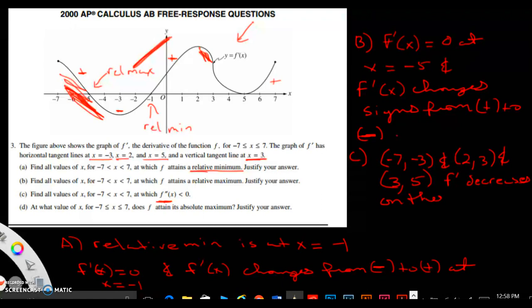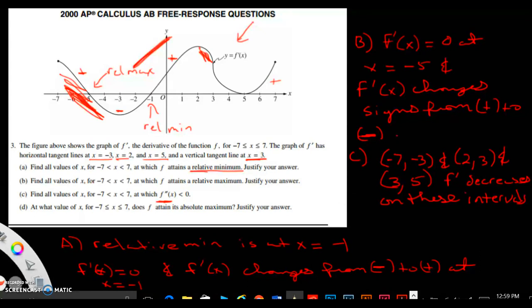Okay, last part. At what value of x for -7 less than or equal to x less than or equal to 7 does f attain its absolute maximum?